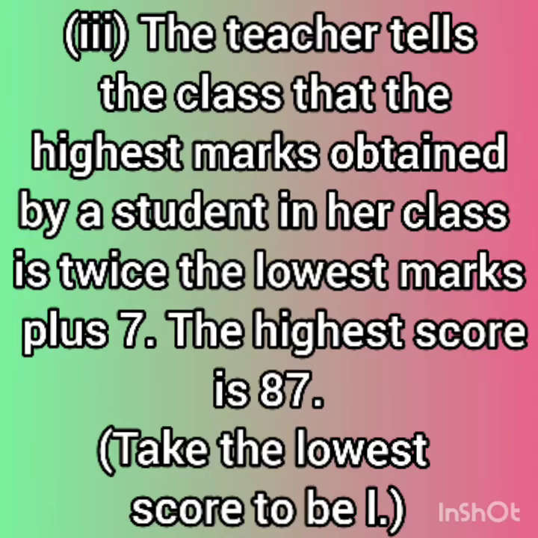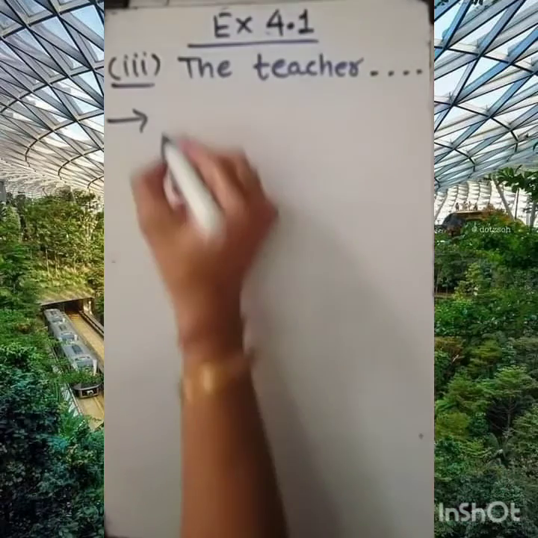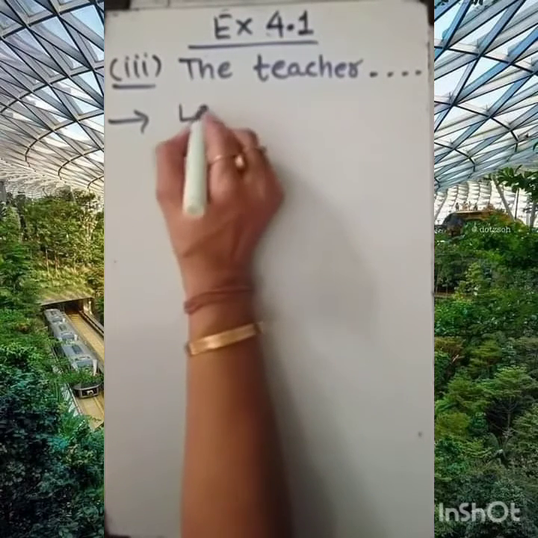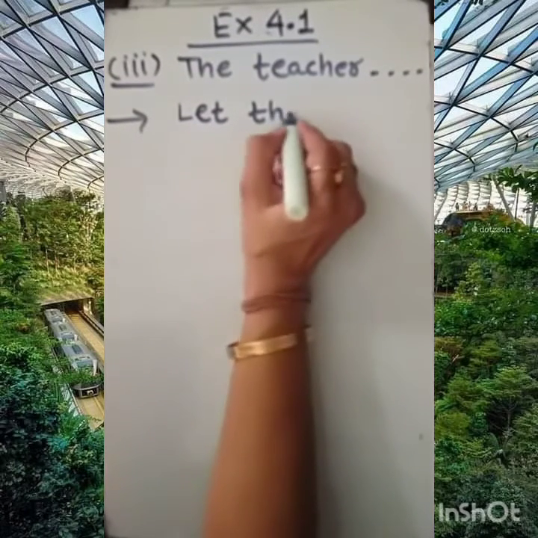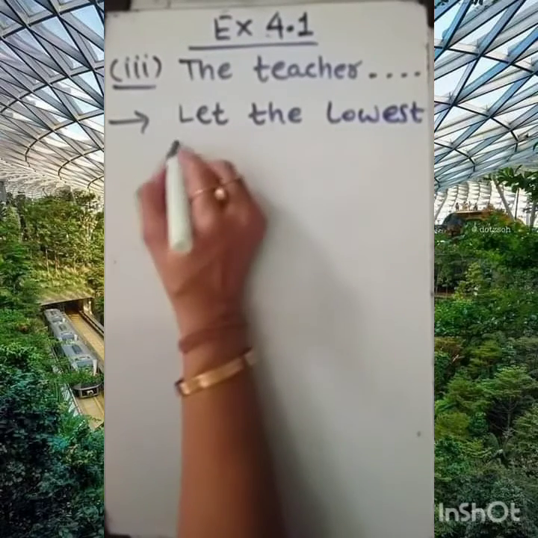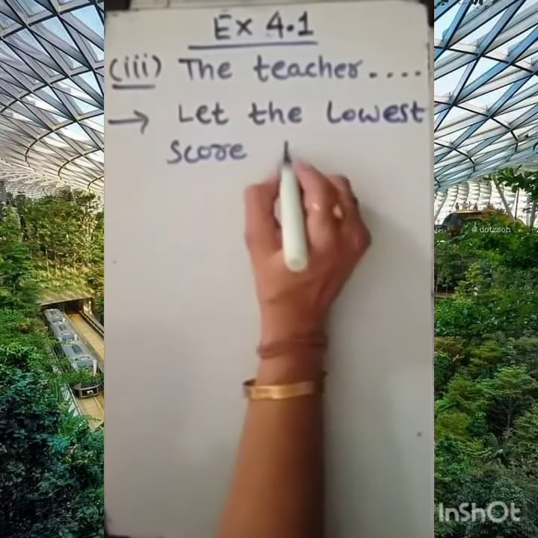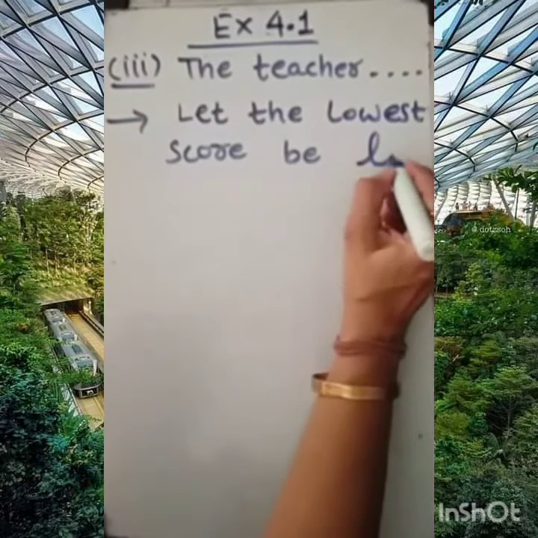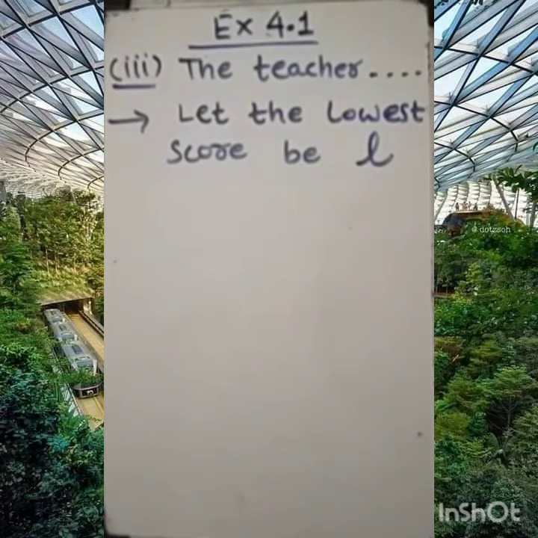The highest score is 87. Take the lowest score to be small l. Let the lowest score be l. Here the l variable is given.